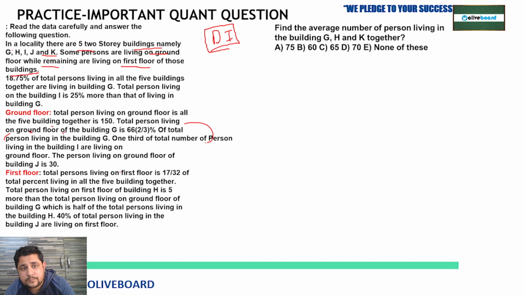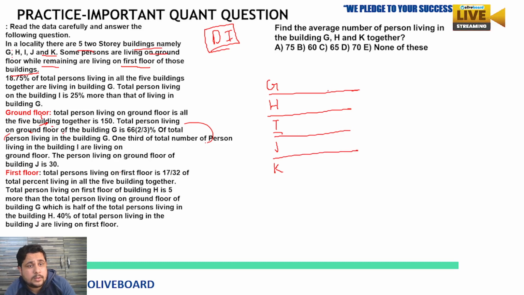Okay, so first mention what we have to go for: G, H, I, J, K. So mention those buildings. We have mentioned the names of those buildings. Fine.